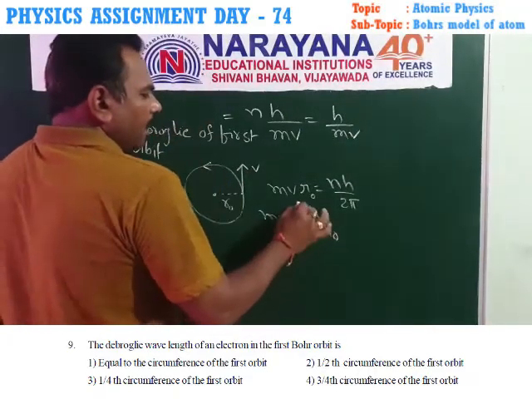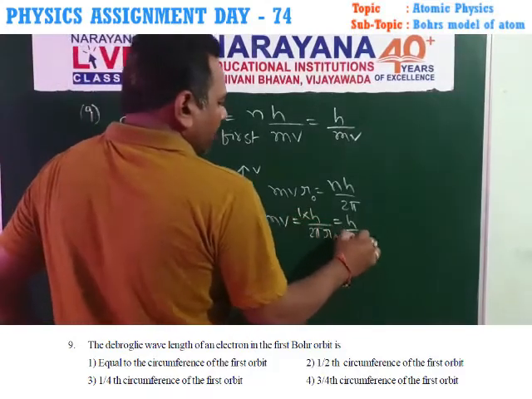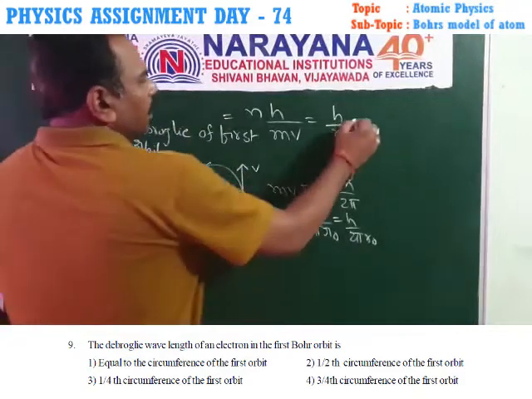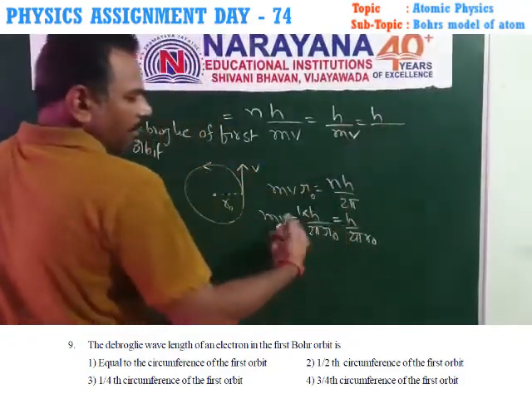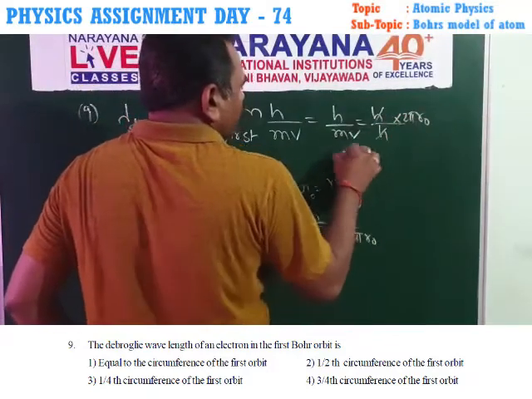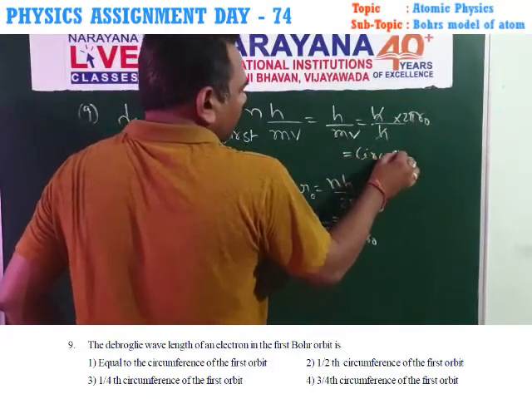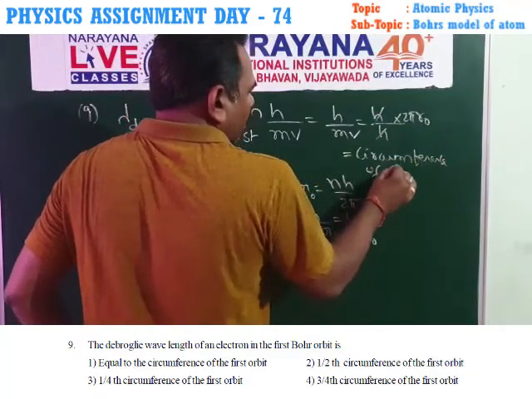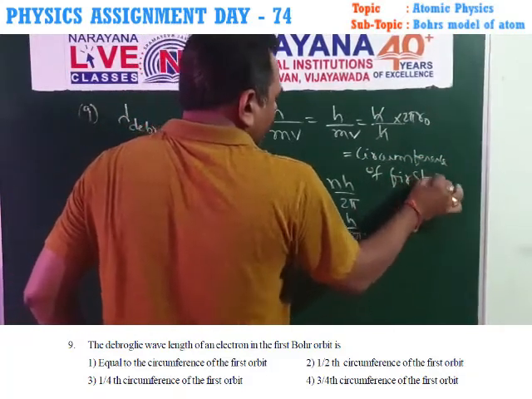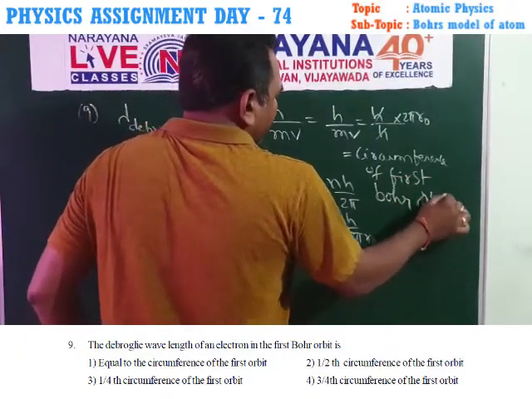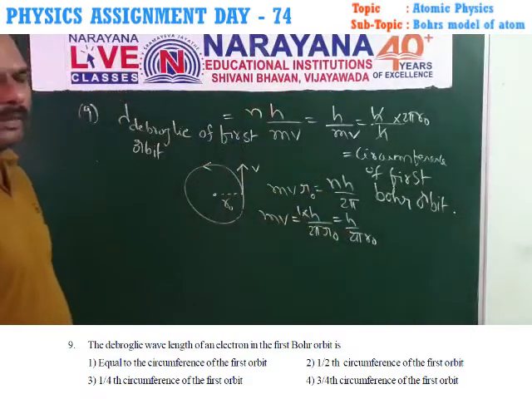So by substituting here, we get h by mv is replaced with h by 2 pi r naught, which is equal to the circumference of the first Bohr orbit.